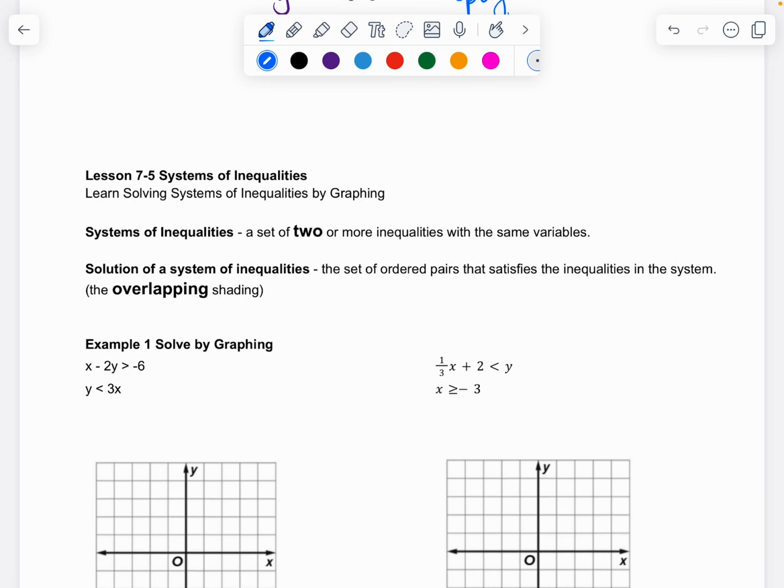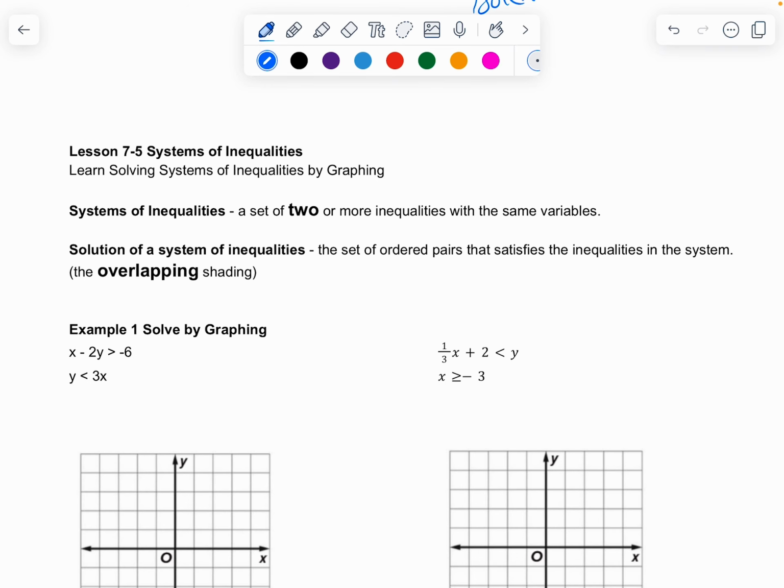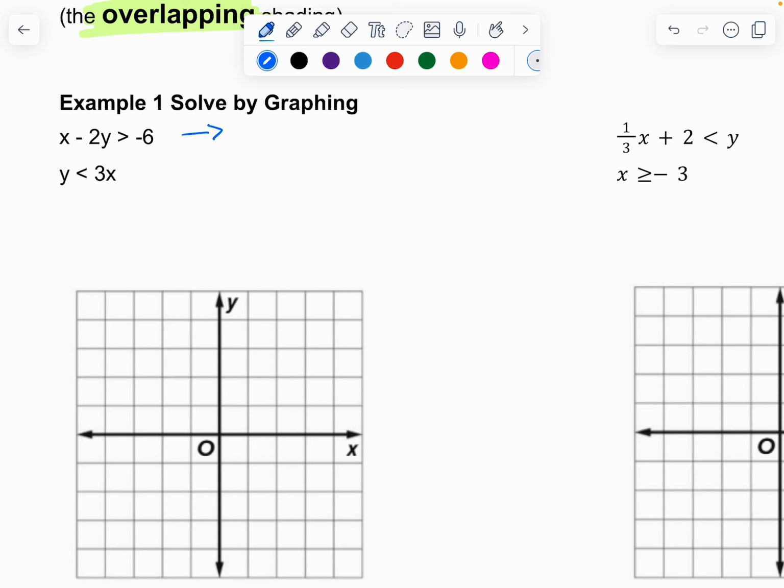If you look at this, the solution of the system of inequalities is the part that's overlapping in their shading. So you might want to use either different colors or something like that to make it easier. So first things first, I need to solve for y.